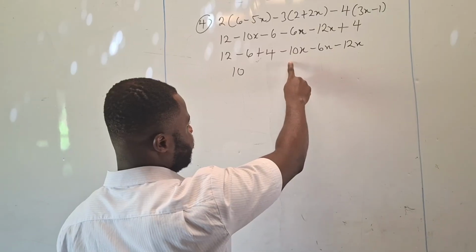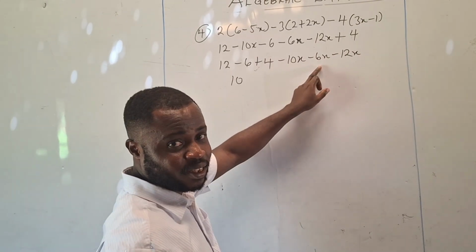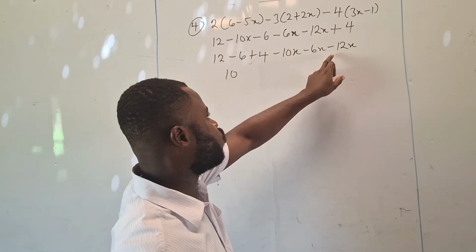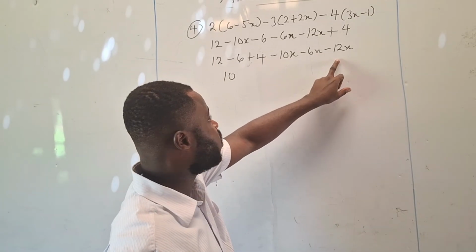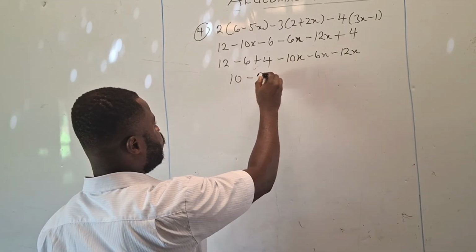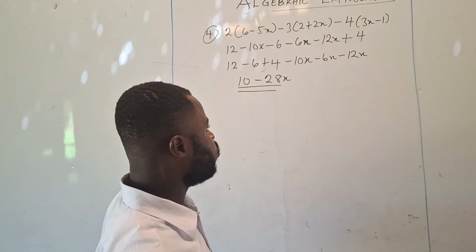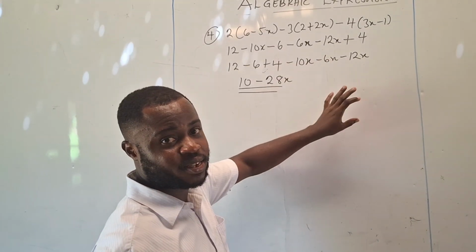You are owing 10, then you're going to borrow another 6. It will be negative 16x. Then minus 12x again is going to give us negative 28x. So negative 28x.